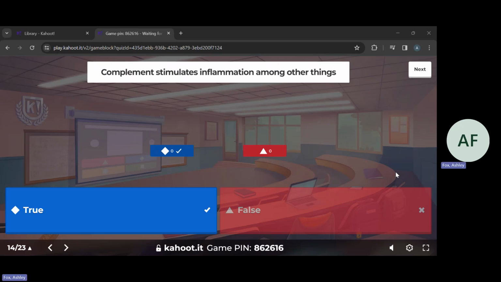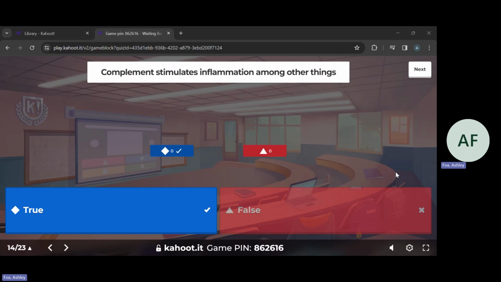So this is true. Complement stimulates inflammation. It comes in and stimulates the vascular dilation and the increased vascular permeability to cause the redness, the heat, the pain, and the swelling. Complement also does opsonization, where it'll coat the bacteria or virus or whatever so that it can't cause any more damage.